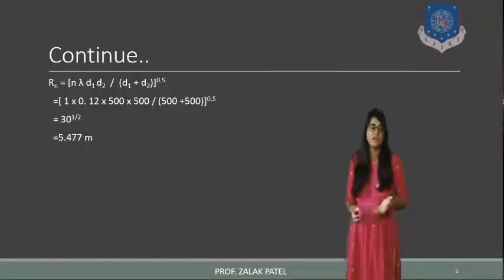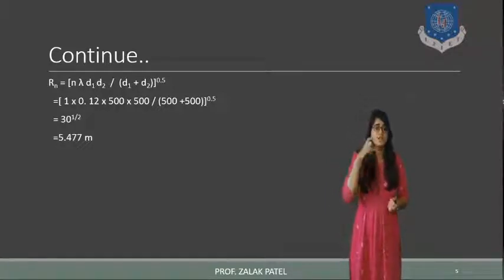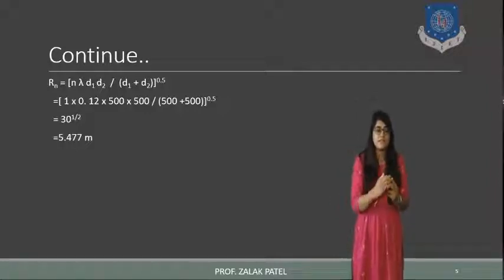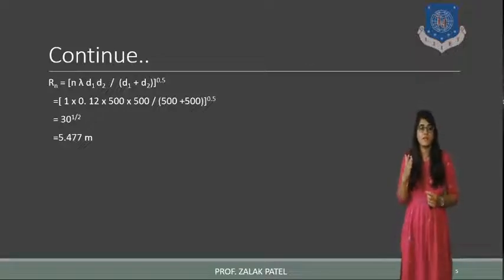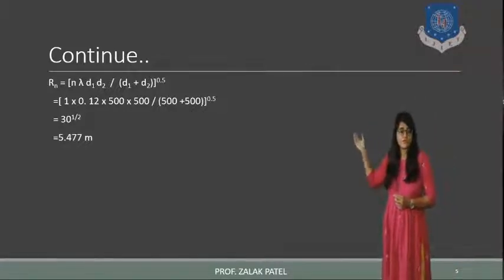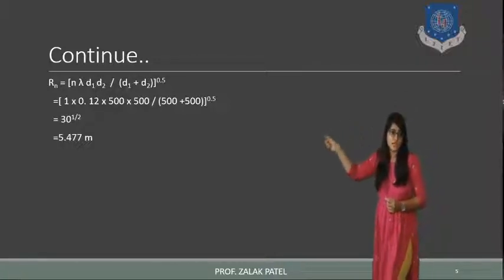Now we require the clearance required for this particular link. The total radius is 5.477, but clearance is up to 55%. But this 55% is actually 55% of this particular nth zone radius.